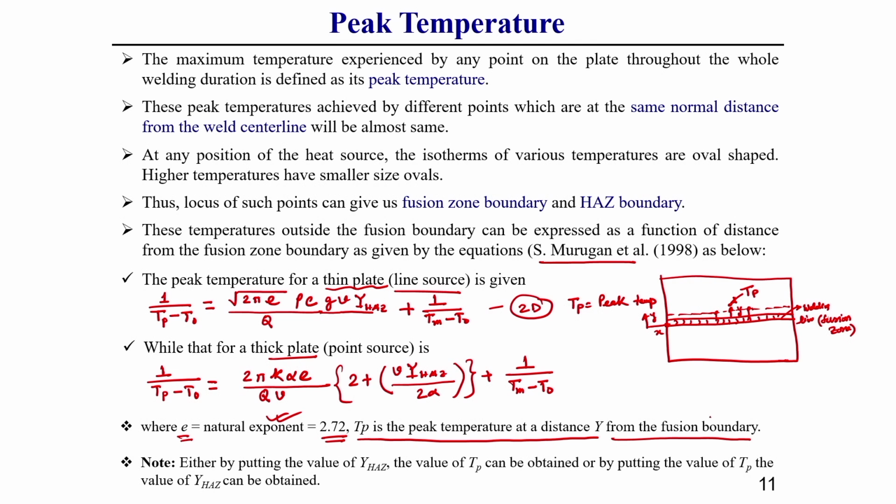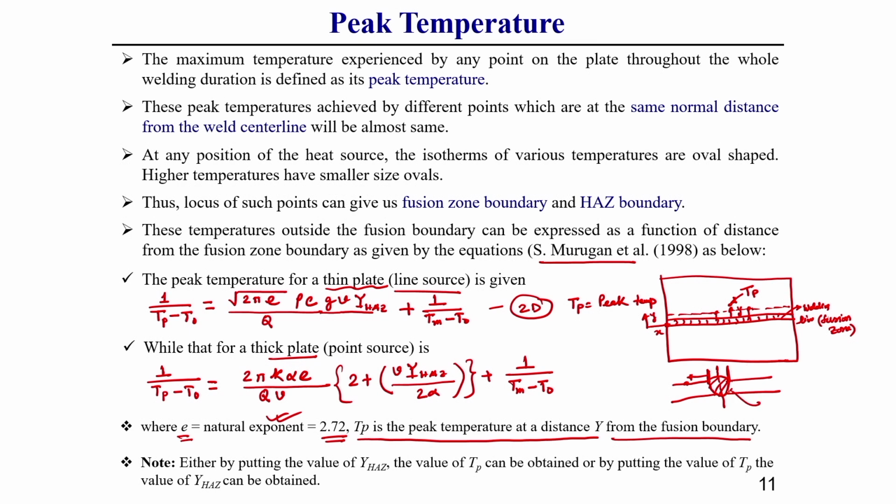Let us see this in the figure. Let us consider this is your weld zone, or you can say the fusion boundary zone. This is the weld center line, but the fusion boundary starts from here; always keep that in mind.